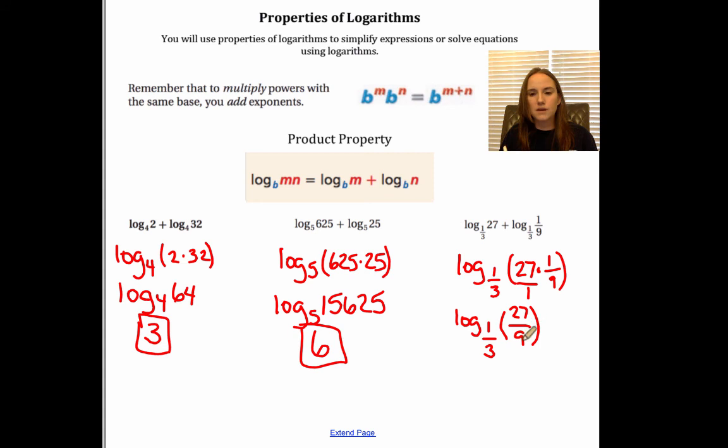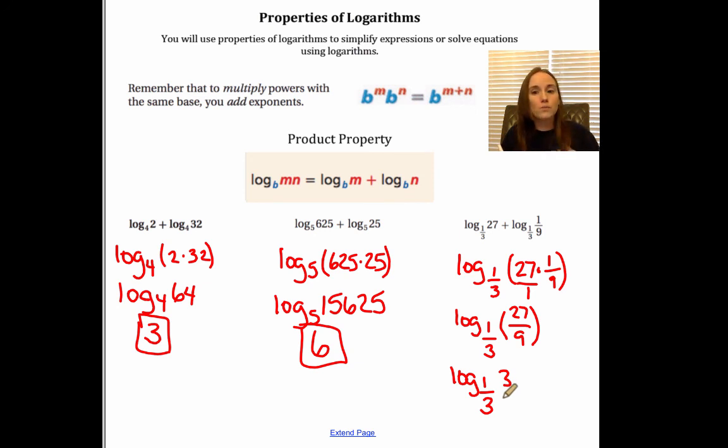Well, 27 over 9 is just 3. So log base 1/3 of 3. Now, this one is one that makes you think a little, because in the past, if you had a base of 3 and you tried to make 1/3, you knew, well, that's a negative exponent.